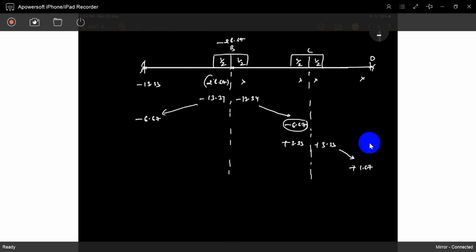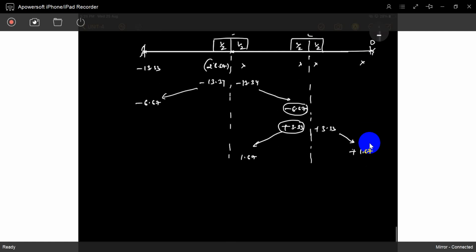See, for C and D, you feel that there are no moments at all. They have moments, redistributed. They have a connection. The moment is distributed between the joints, passing through the connections, by the beams. So now you can see, you applied 3.33 and get a carryover moment of 1.67 again.